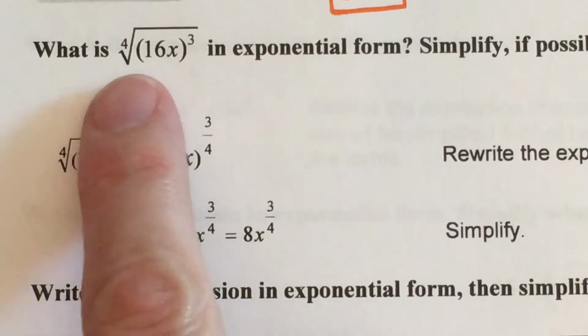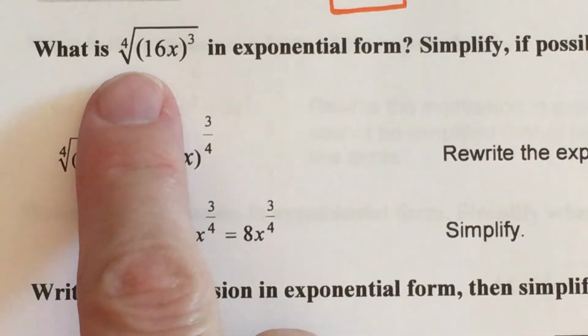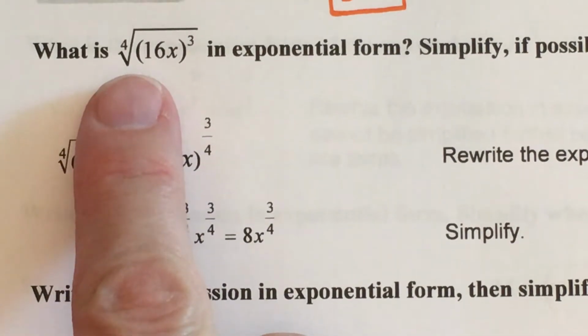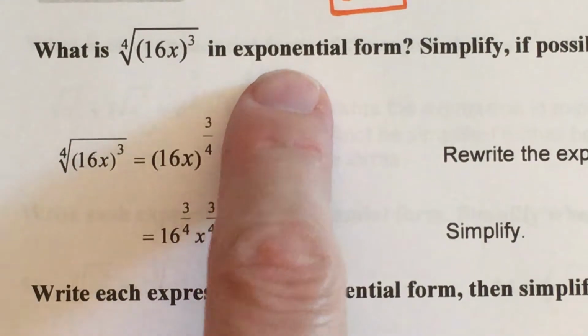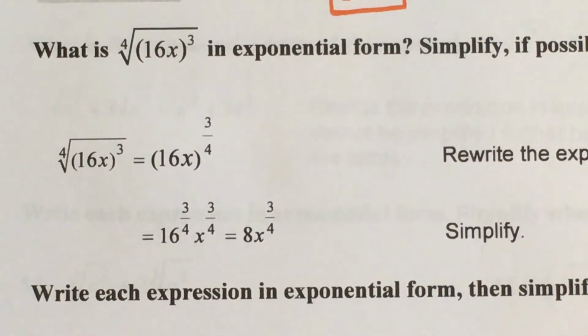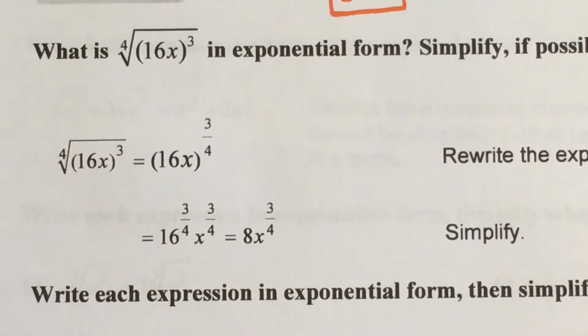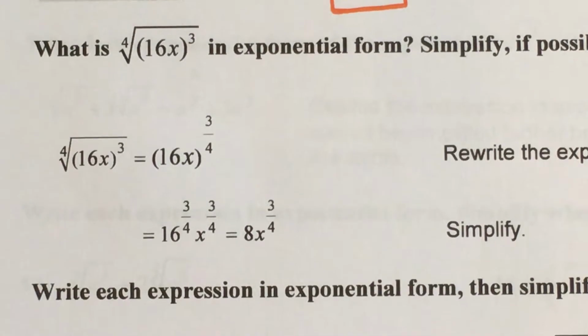All right, next example problem. Here we're going to go backwards. They've given us the radical version, and we need to rewrite it into exponential form. Let's go backwards. And again, if we can simplify it, they would like us to do that. Truthfully, you could simplify it before you even put it in exponential form, and that might be easier. Might be.